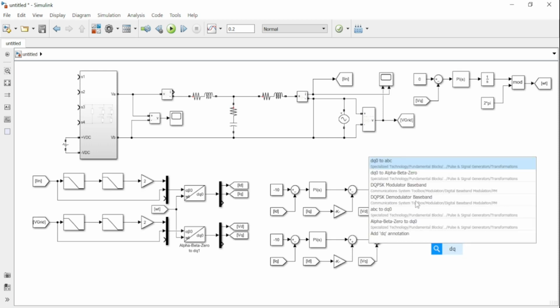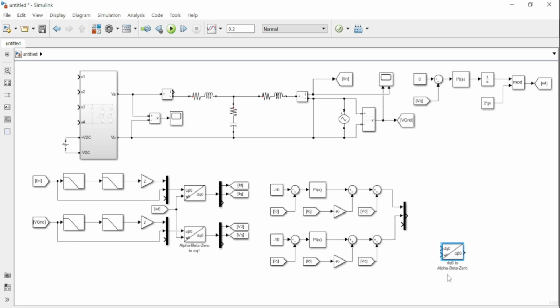We now convert the DQ parameters into the alpha-beta reference frame.